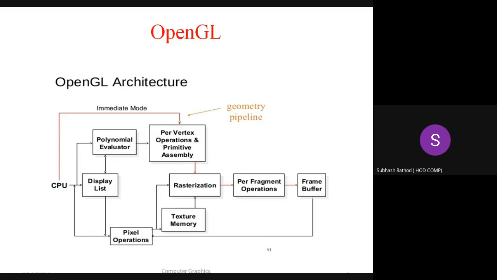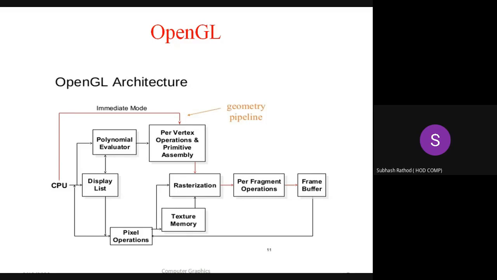Next comes the frame buffer, which we also discussed in the last lecture. The frame buffer is the temporary memory where the pixel values of a particular image frame are stored. If somebody asks what a frame is, a frame is the digital value or pixel values of a particular image.